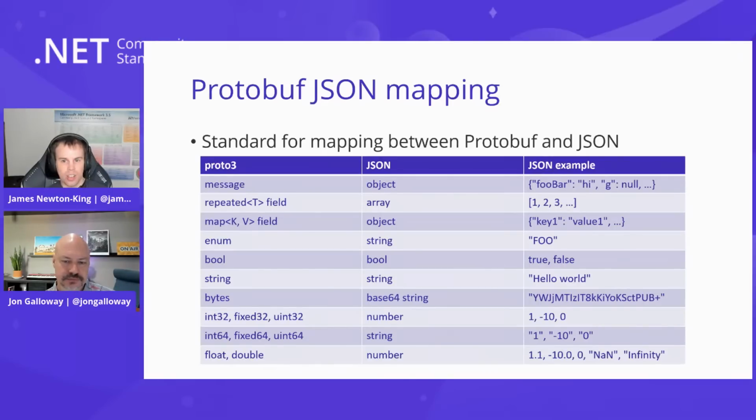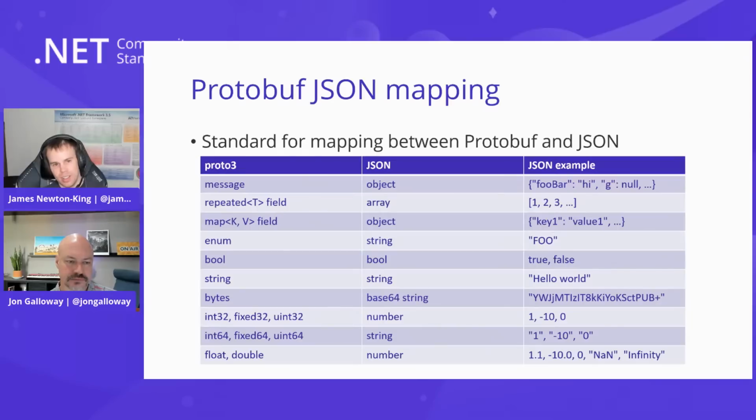Map fields, you can think of those as dictionary collections. Those are serialized as a JSON object with the key as the name, and then the value is the value. Enums are serialized as strings by default, although there is an option to serialize as an integer. And then all the other types are generally serialized as you'd expect. A string is a string, a boolean is a boolean, and so on.